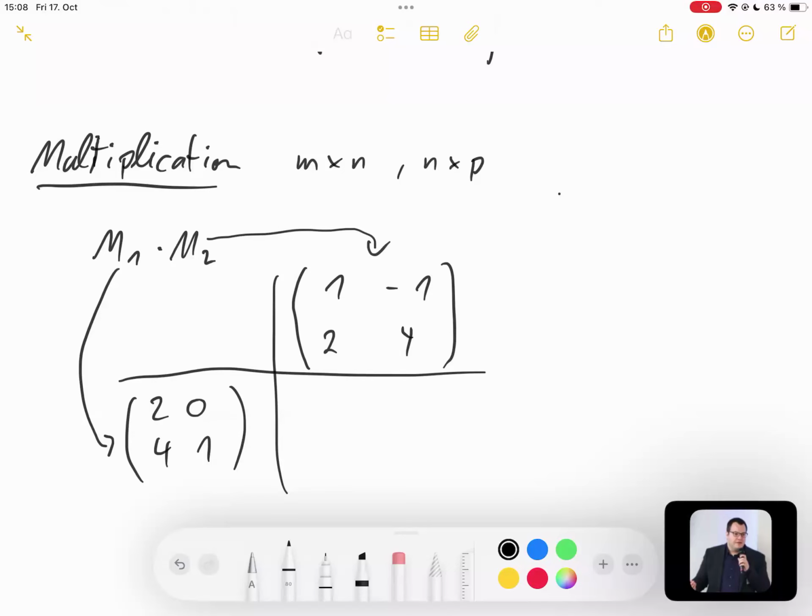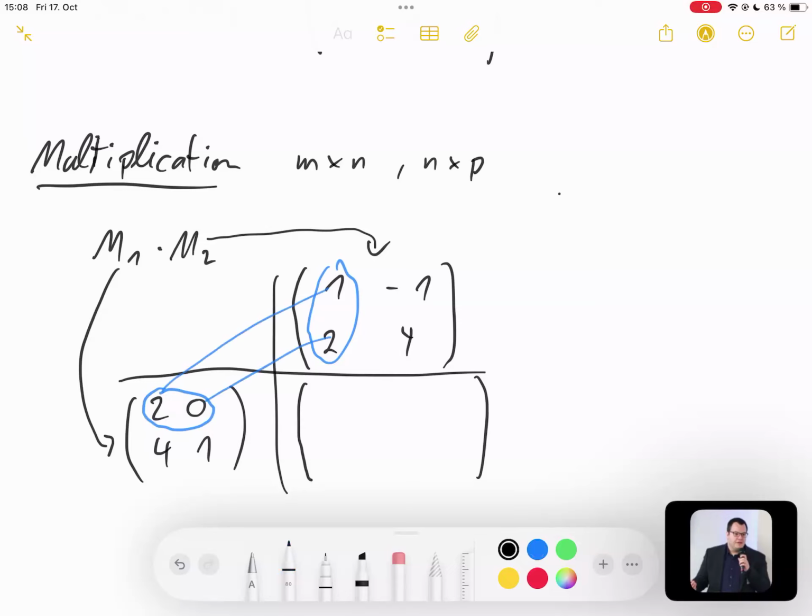Many have not seen it, but I personally like it a lot to calculate the product of two matrices, because what I'm doing here is I have this column and this row, and I'm just taking the product of this row and this column. So I'm multiplying them element-wise and I sum them up.